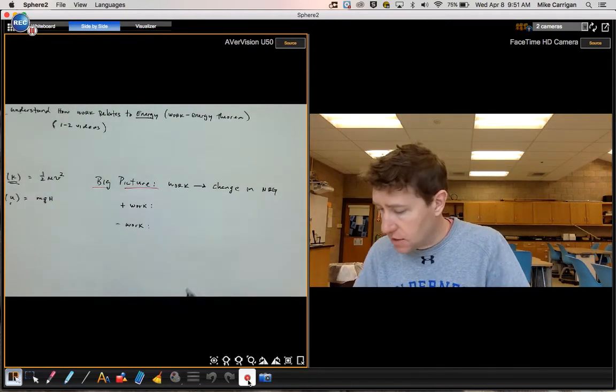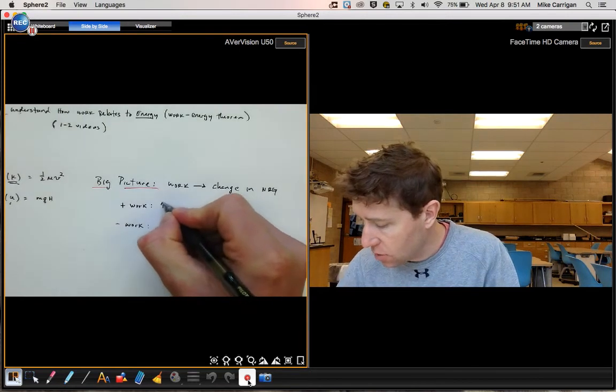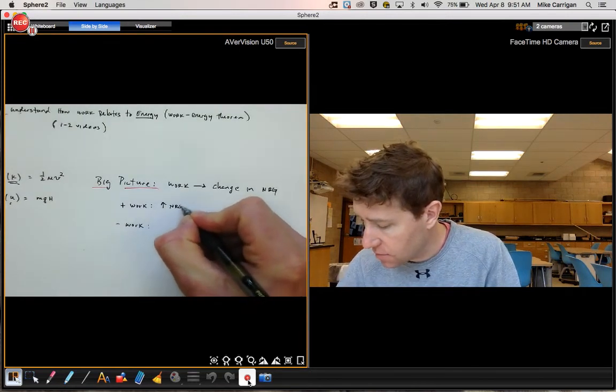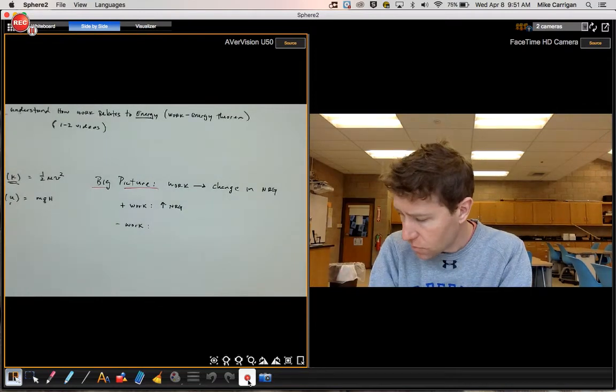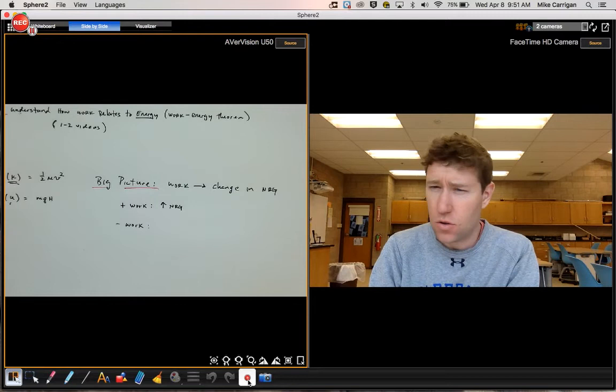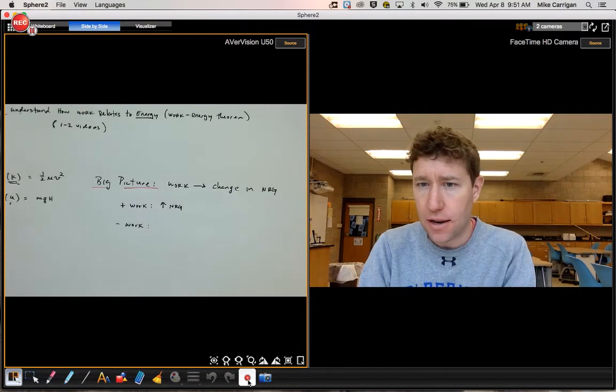In general, positive work means there's going to be an increase in the amount of energy in the system. In this case, the system is just the bottle of hand sanitizer. Negative work would mean somehow the force is decreasing the energy of the system.